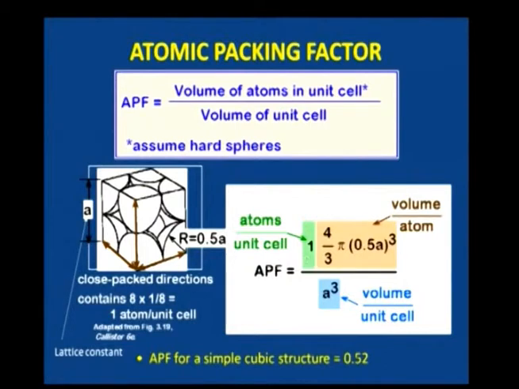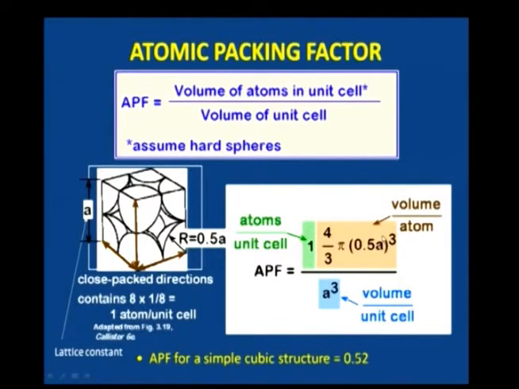And then you should have a relation that connects R and A, right, so that you can cancel these two. The volume comes in the denominator, so you have to express the radius in terms of the lattice dimension A in the case of cubic structures. Now, in the case of cubic structures, the two atoms will be touching each other, therefore, A will be equal to 2R, or R will be 0.5 times A.